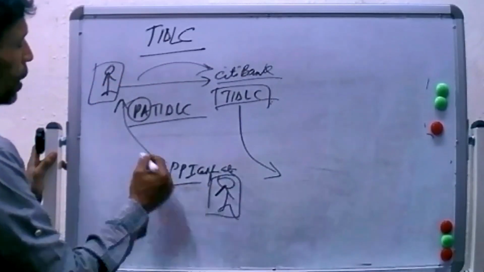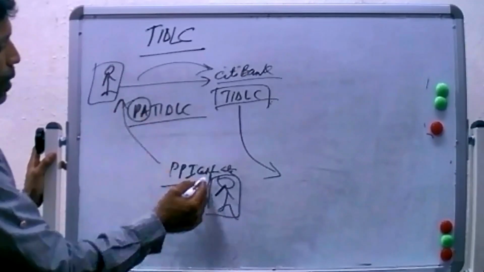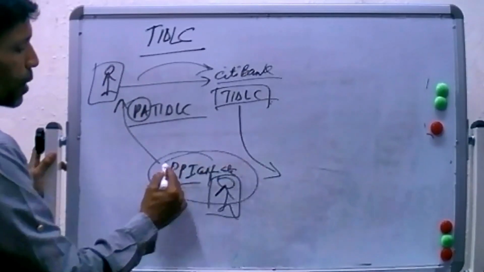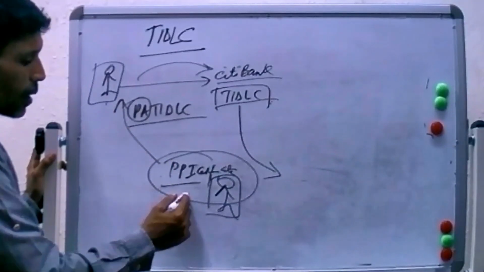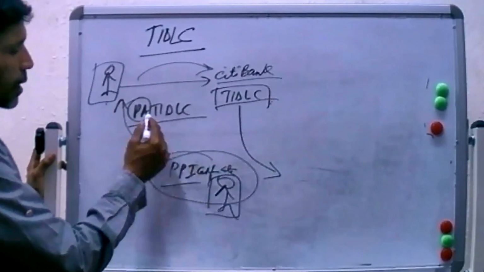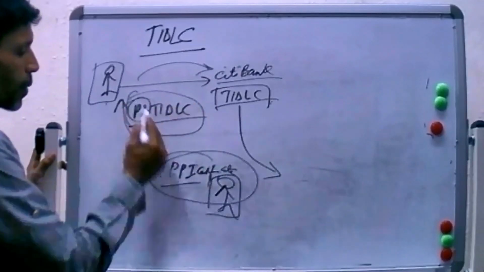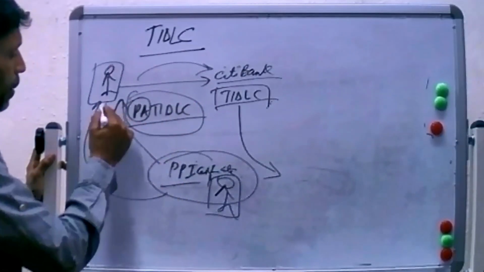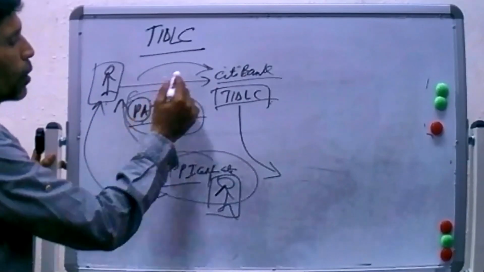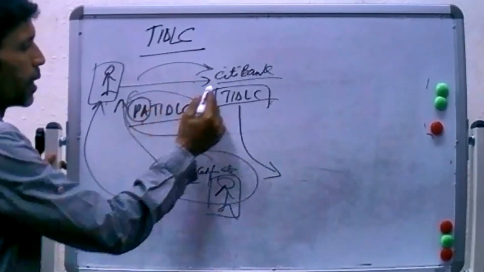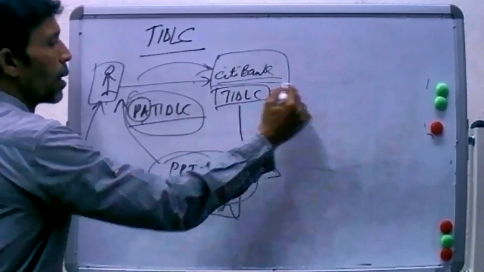So once you deal with him, if he asks for proof of products, and you do not ask him for a PA TIDLC and you try to provide him the PPI certificate without a PA TIDLC, that means he did not open a PA TIDLC at his bank, right?